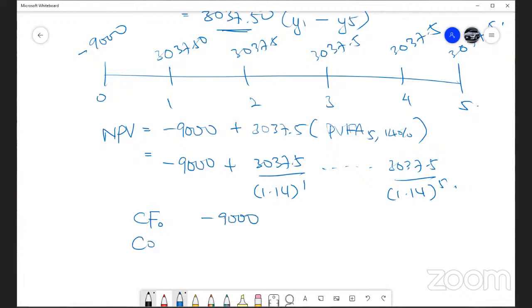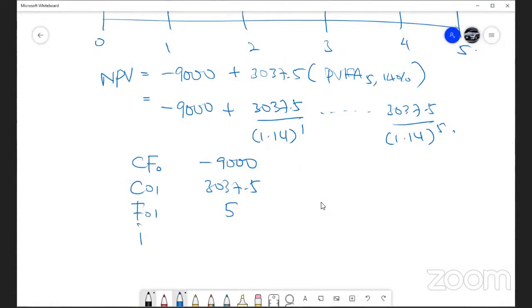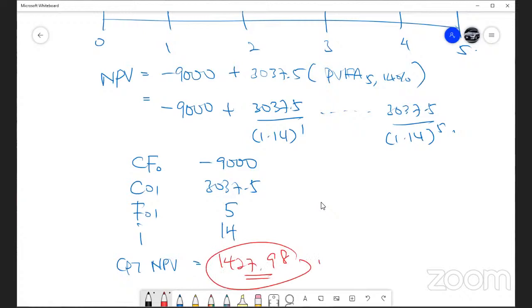Cash flow at time 1, 3037.5, frequency 5 since it repeats 5 times. Interest rate 14%. Compute NPV, and straight away you get the answer 1427.98.